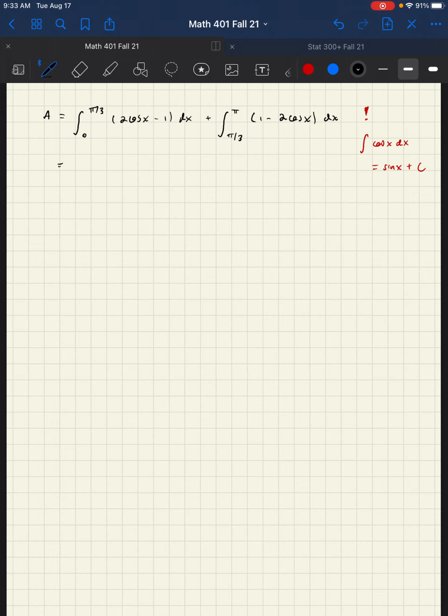And so we will get 2 sine of x minus x, ranging from 0 to pi over 3, plus x minus 2 sine of x from pi over 3 to pi. And we're hoping that some cancellation will happen here.